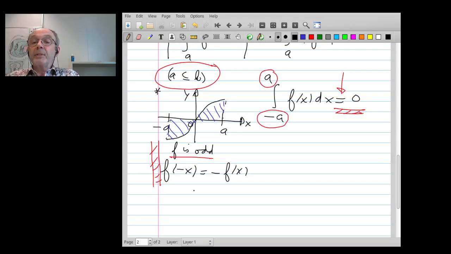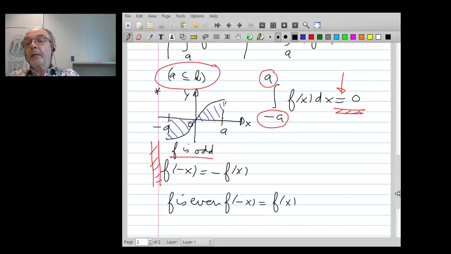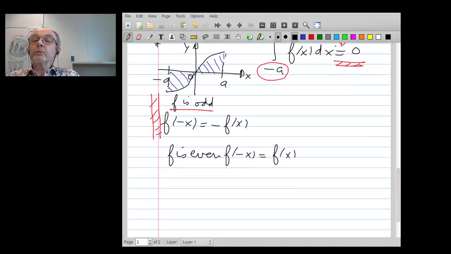Now, if f is even, so f of minus x is f of x, you cannot give really some value directly, but then your integral from minus a to a of f(x) dx is 2 times the integral from 0 to a.